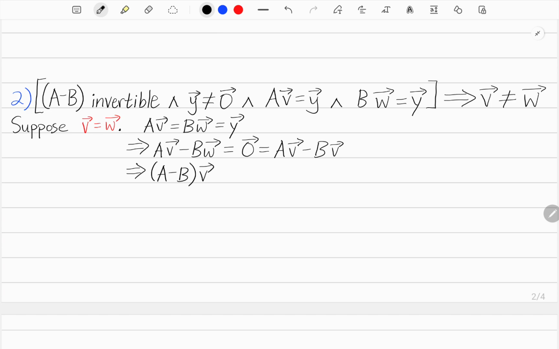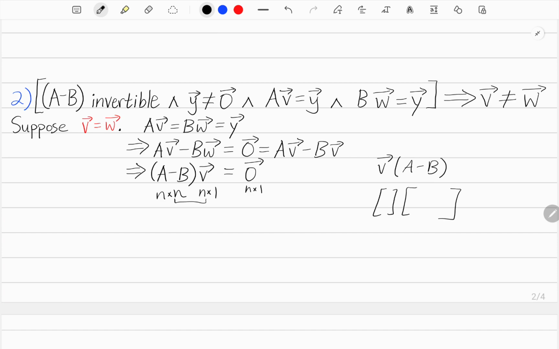Because of the nature of the matrix, let's say A minus B is an n by n matrix, and V is a column vector, so it's an n by 1 column vector, so it's going to equal a 0 column vector. Inner dimensions have to be the same. If I did it the other way, V times A minus B, V is a column vector and A minus B is a square matrix. So if this is n by 1 and this is n by n, then I can't multiply it.